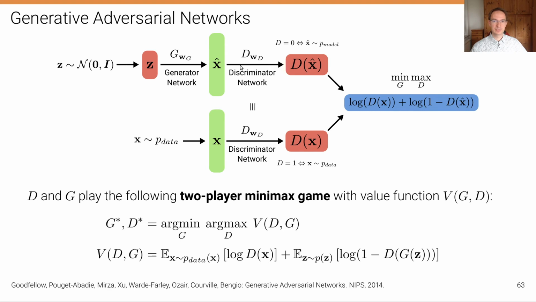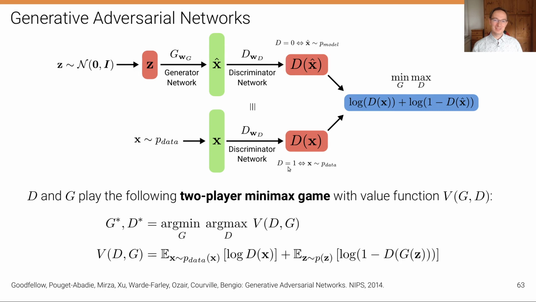And then we have a discriminator network that takes this image and tries to classify if what it sees as an input, x hat, or x, which comes from the data distribution, is a real image, or if it's coming from the generator distribution. And we're training this model using this two-player minimax game paradigm with a value function specified as such.